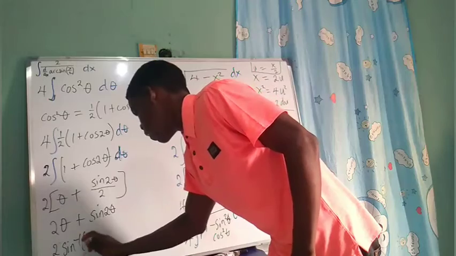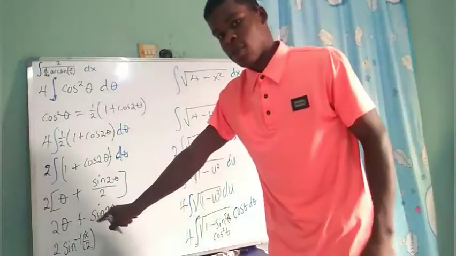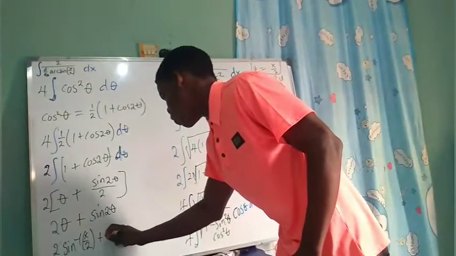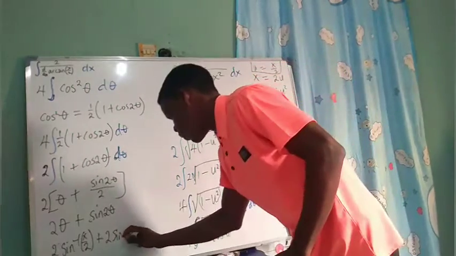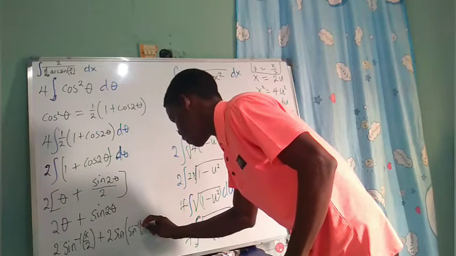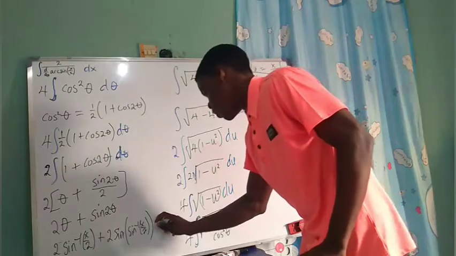So we just have here 2 times sine inverse of x over 2. Now, knowing that sine 2 theta is 2 sine theta cosine theta, we have plus 2 sine theta, sine inverse of x over 2, cosine theta.